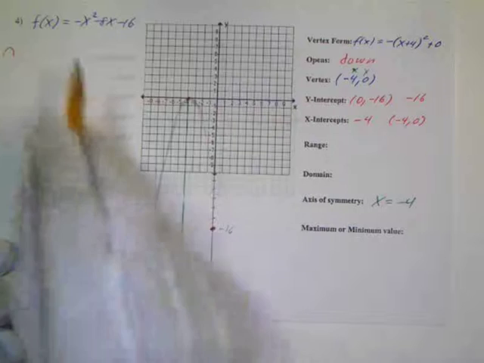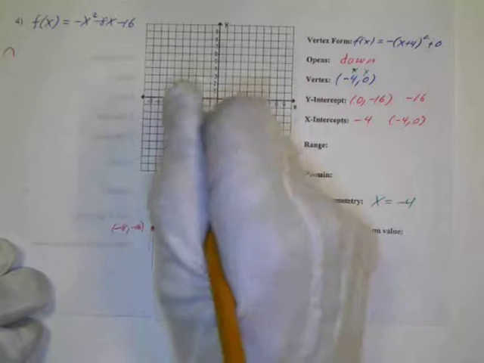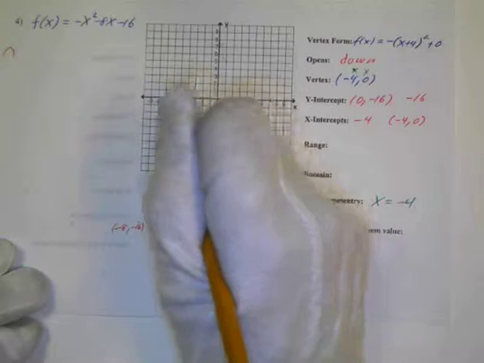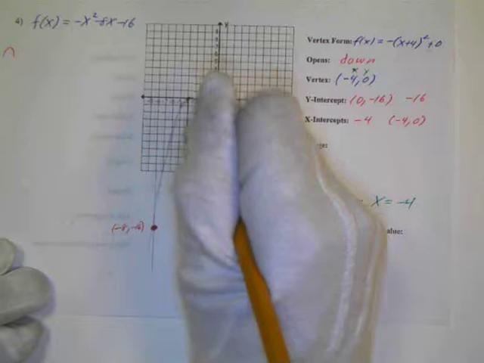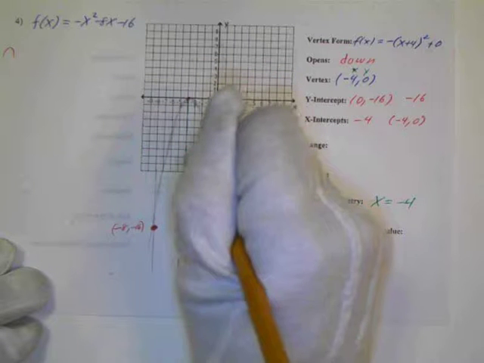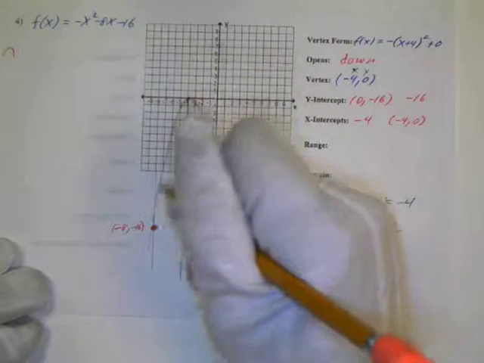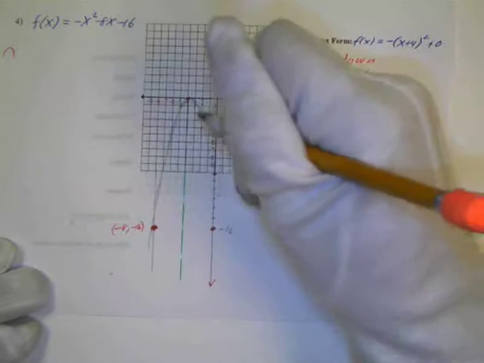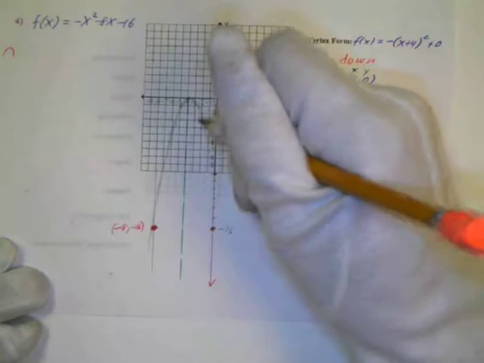And in reality, since there's just a 1 here, I'm just going to go over 1, down 1, and then over 2, down 4, 1, 2, 3, 4, because it follows the same pattern. So I'm fairly close actually. So you can get those points by using the basic shape equation. We haven't talked too much about that.